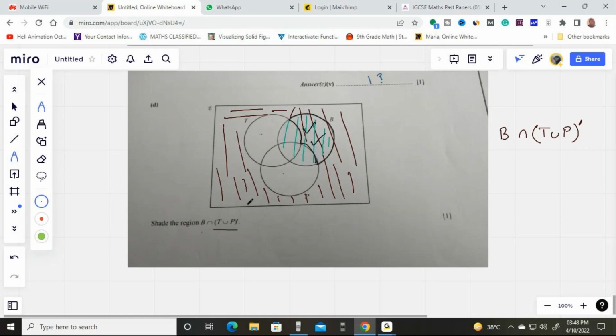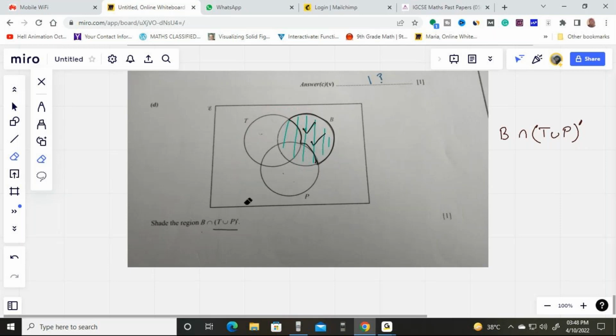Remove the work that we have just done. There's no need to keep it right now. And then shade this section properly. Wait, why not the inside of the circles?